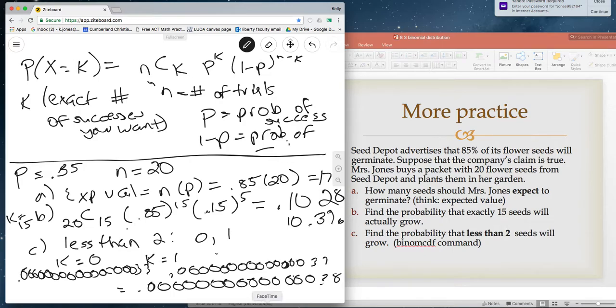Okay, so that's the probability that you get less than 2 seeds. So it's not very likely that if I were to grow mine and only 2 seeds germinated, that probably means I got a really bad pack, because it's not very likely that that happened if what they claimed is true. Okay, so most of the ones I'll assign you won't be quite so small, because that's kind of annoying to write that many zeros, but it gives you a good idea of how this works.